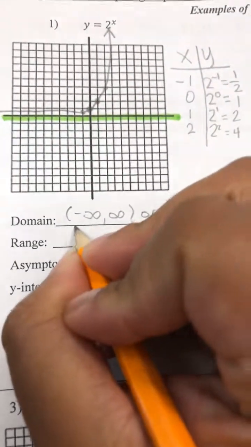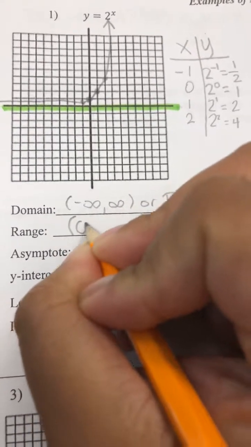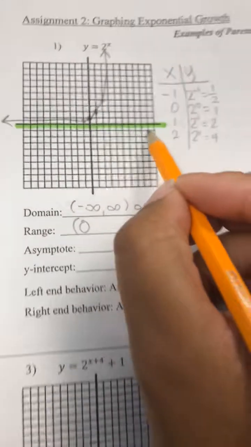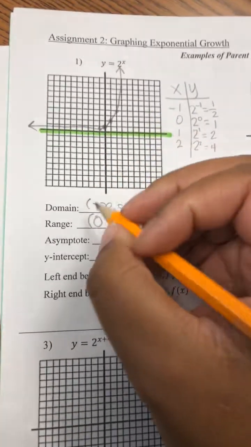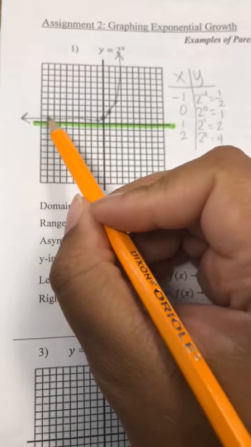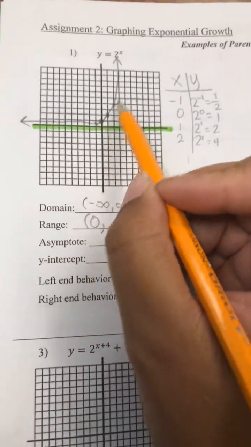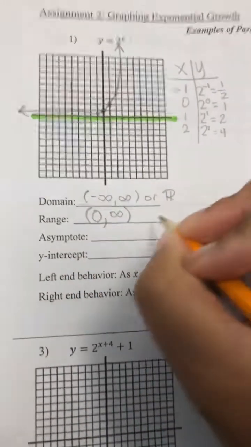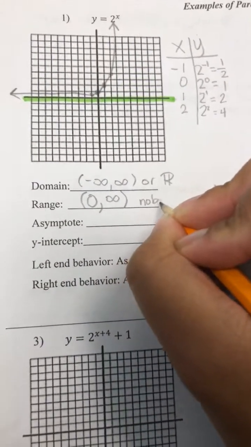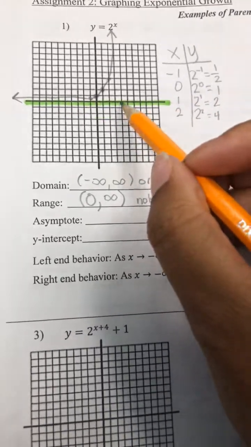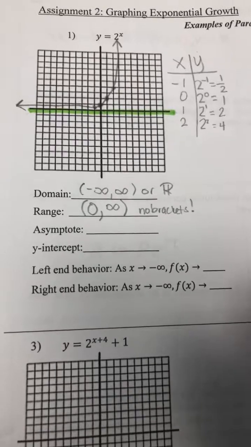And because of that, we're going to use a parenthesis to represent the fact that we're getting close to 0, close to this force field, but not really touching it. And then the graph is really close to 0, and then it goes all the way up to infinity. So for exponential graphs, we have no brackets because we're not actually ever going to touch that lower number of the range.